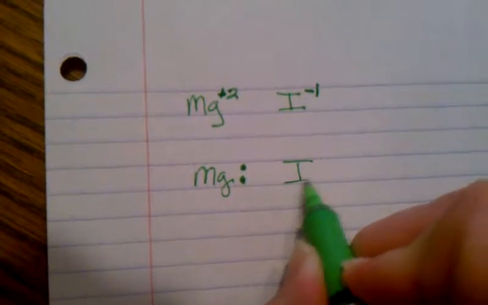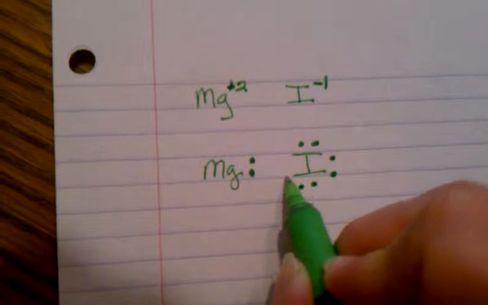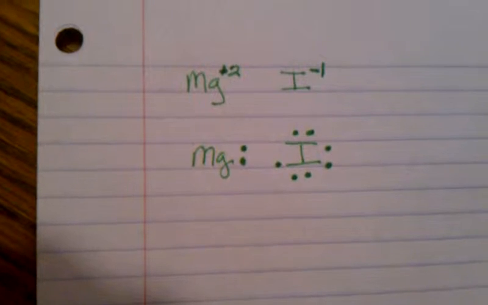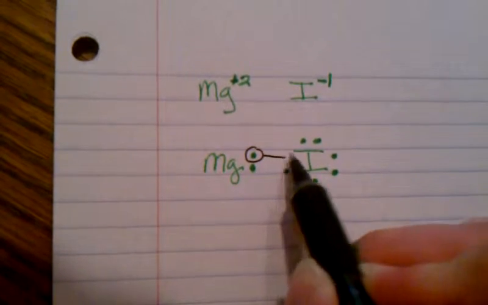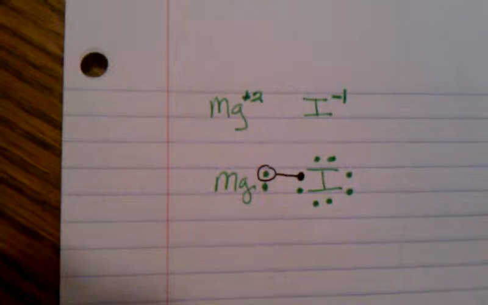Iodine is in group 17, so iodine has 7 valence electrons, and we use these dots to represent the outer ring. Well, magnesium can give away this 1 electron, but it has an extra 1.